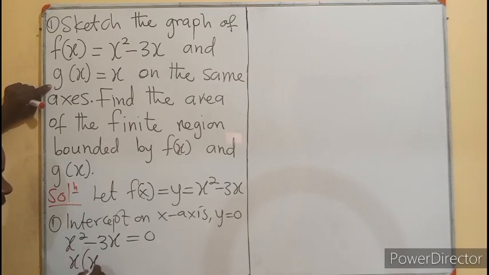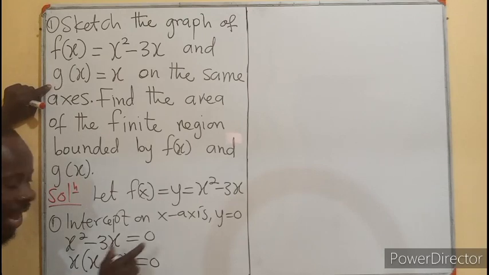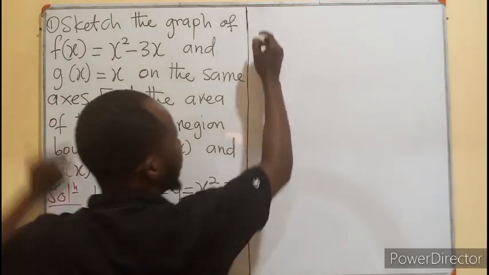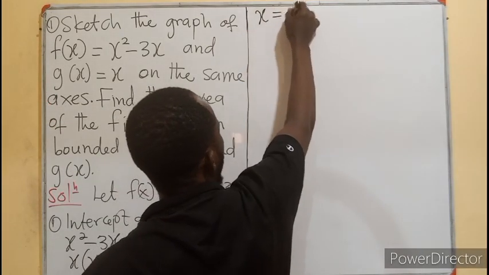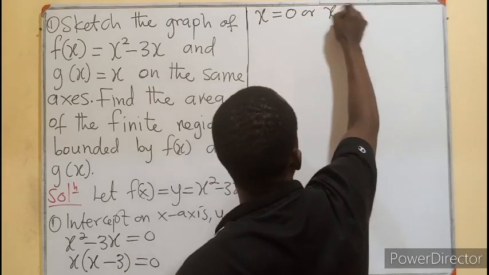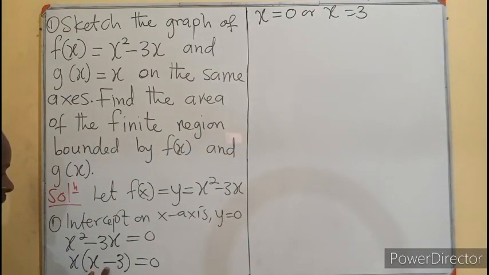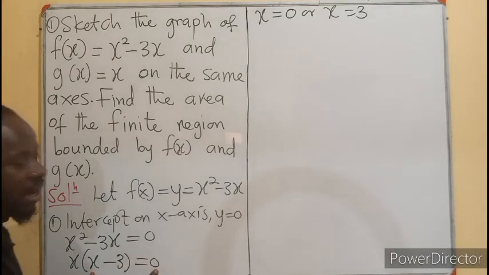Dividing this will give us x, minus the division of this, 3, equals 0. This is a product of two numbers that equal 0, so it means the first is equal to 0 or the second is. That simply means x is equal to 0 or x is equal to 3, in the sense that x minus 3 is also equal to 0.